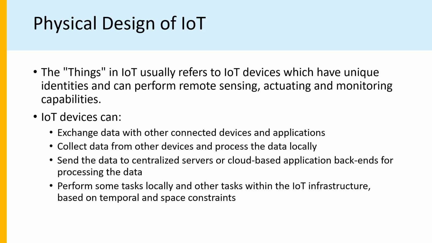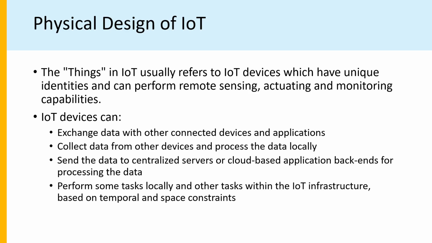The physical design of IoT: the thing in an IoT usually refers to IoT devices, which have unique identities and can perform remote sensing, actuating, and monitoring capabilities. IoT devices can exchange data with other connected devices and applications.